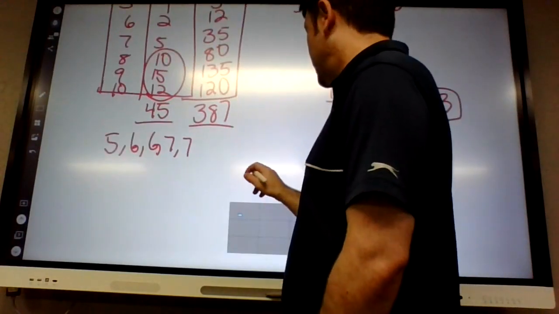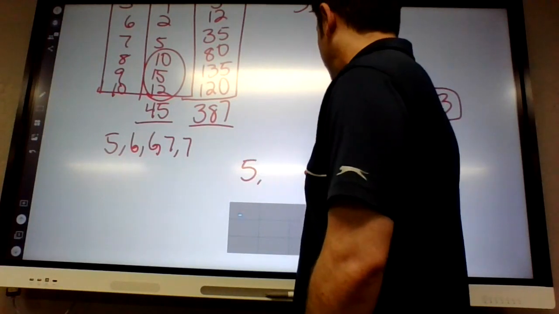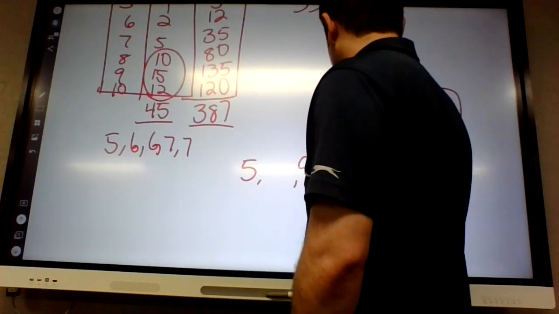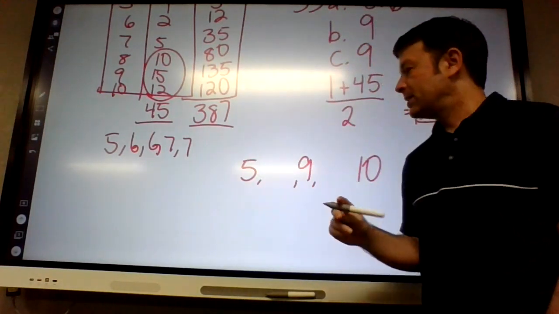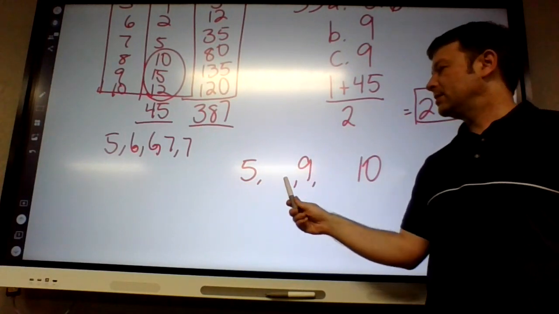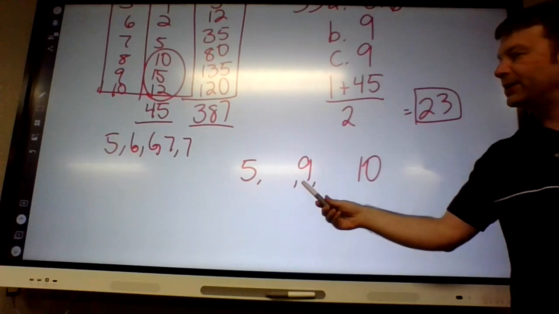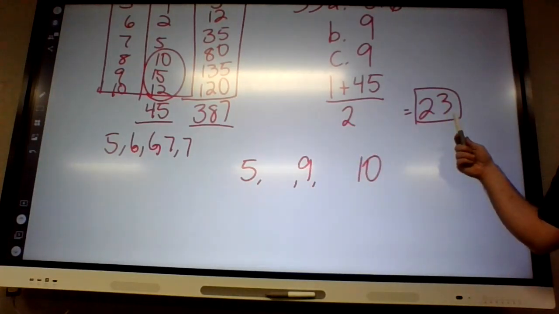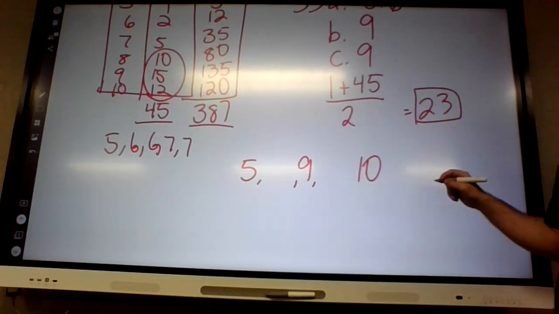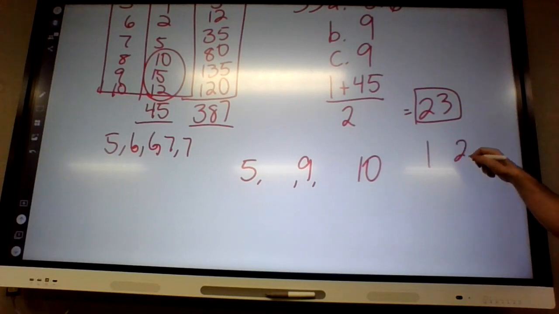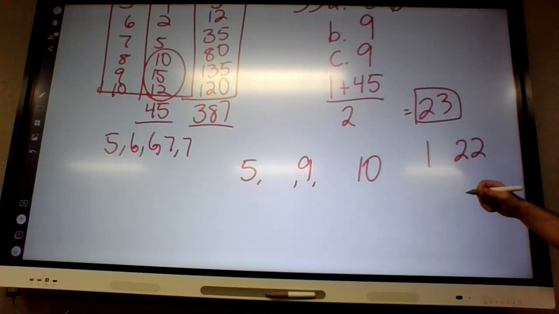Anyways, so the small number is 5, the median was 9, and the... Okay, so this is the tricky part. If 9 is the 23rd number, then the median of the left would be between 1 and 22. You guys get it?